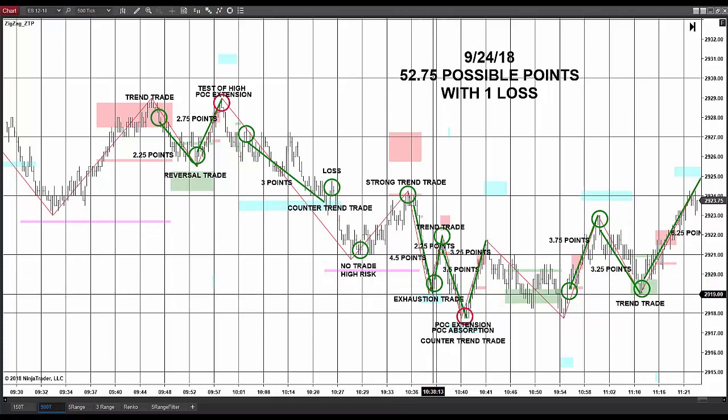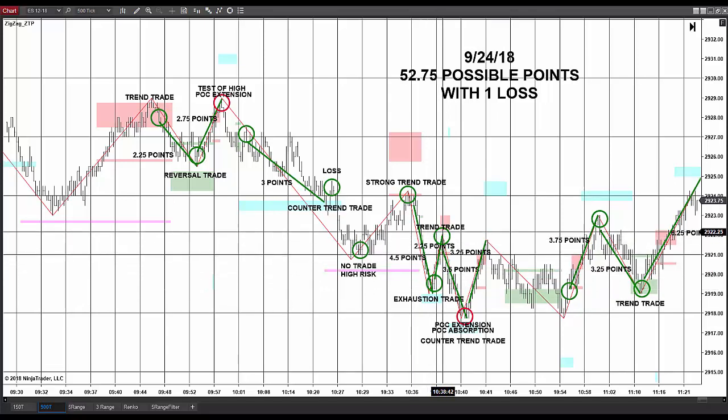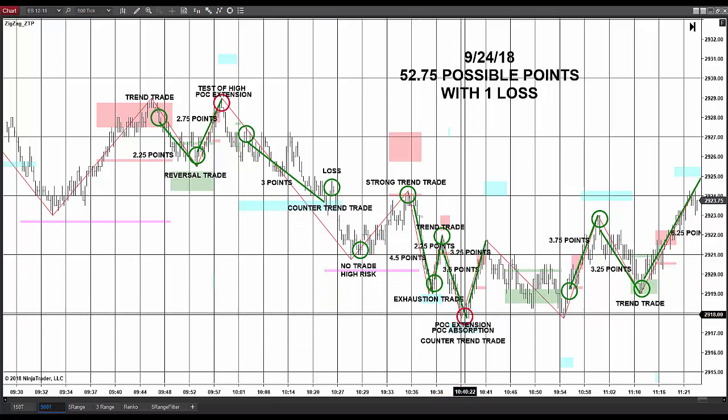This trades into an exhaustion trade, again with the pattern being created, trading into a trend trade. That trend trade was good for another 3.5 points, and at that point we develop a point of control extension and absorption, but no proprietary trading signal.